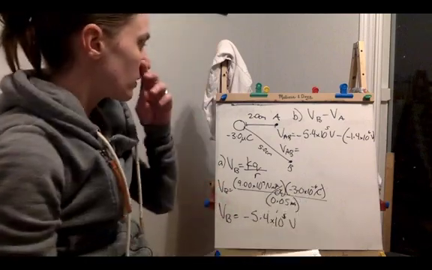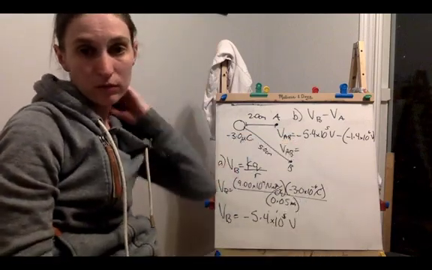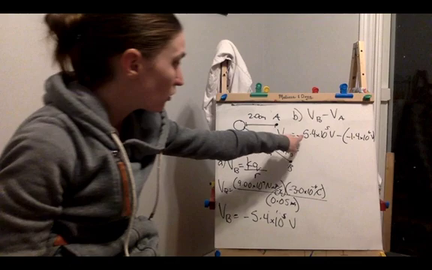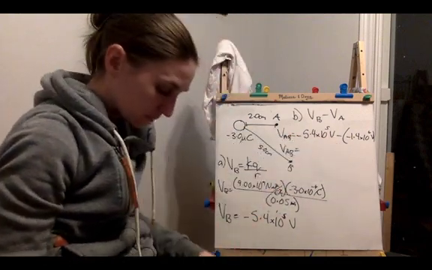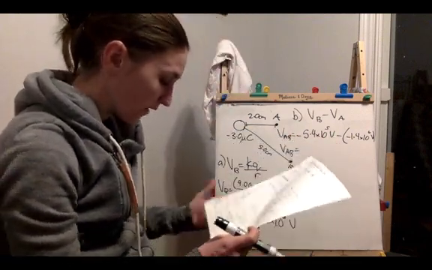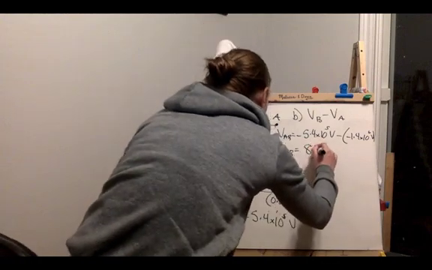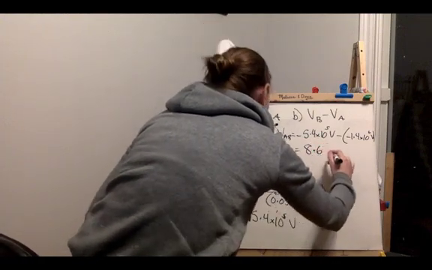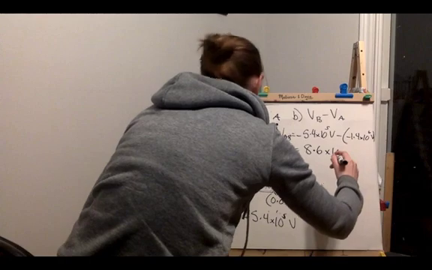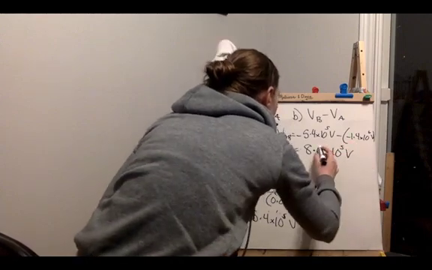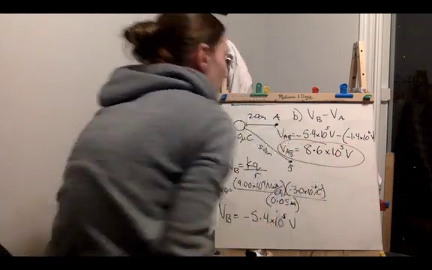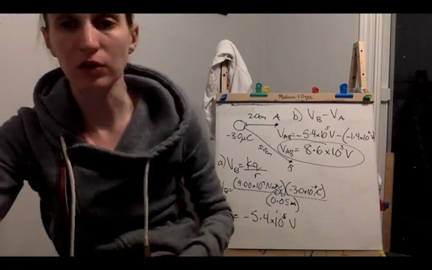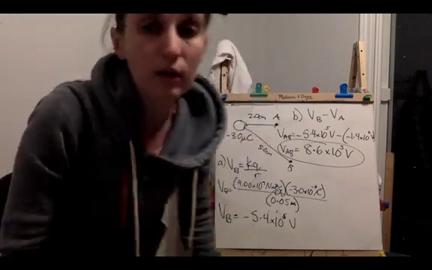Okay, so when we do this calculation here, it's this minus this, and we get a value of a positive 8.6 times 10 to the 5 volts. Okay, so there's the electric potential difference to go from one to the other.